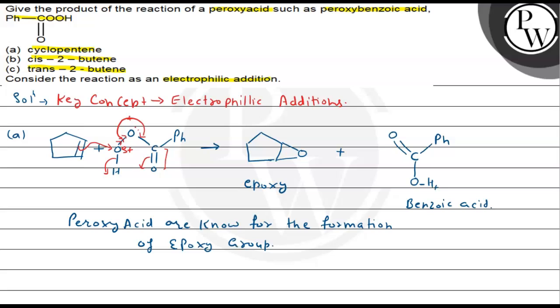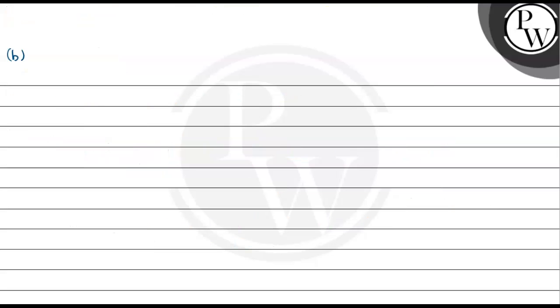So let's move to the B part of the question, and it is cis-2-butene. Now, firstly, we have to write the structure of cis-2-butene. We can see there is a multiple bond present between the second and third carbon, where one CH3 group is attached with this carbon, and on the same side another CH3 group is present here.